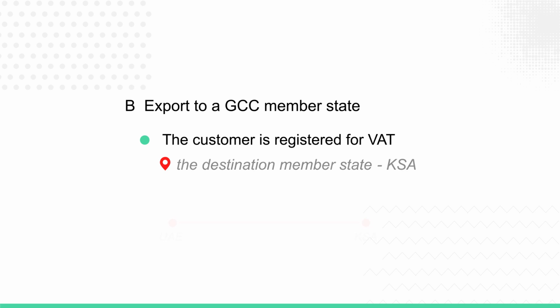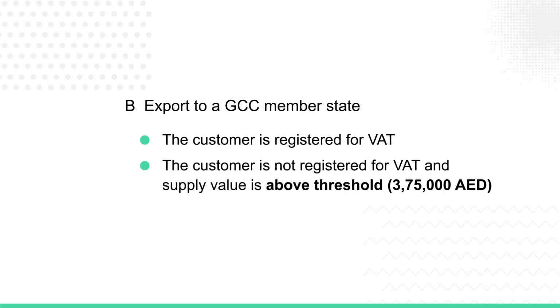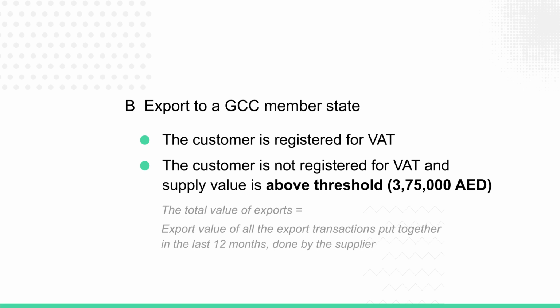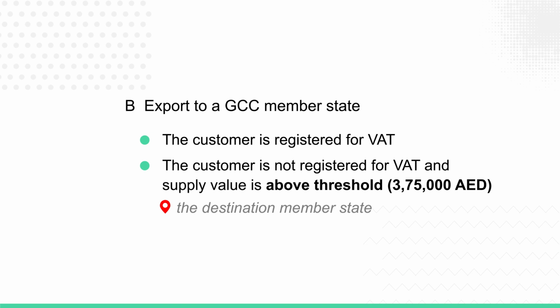The second case is that the customer is not registered for VAT and the supply value is above the threshold. In case of non-registered customers, an additional criterion is checked. If the customer is not registered for VAT and the total value of exports, that is, the export value of all the export transactions put together in the last 12 months by the supplier, exceeds the threshold of 375,000 dirhams, the place of supply will be the destination member state.